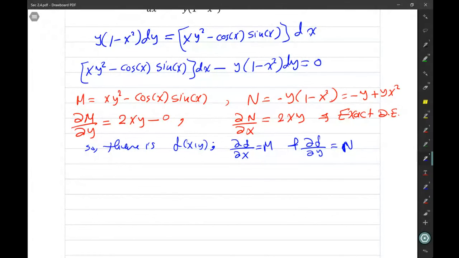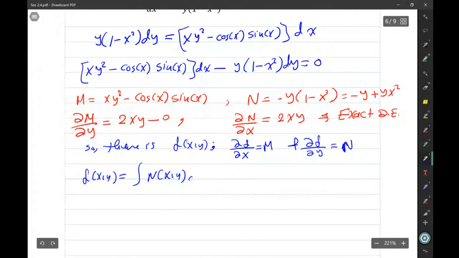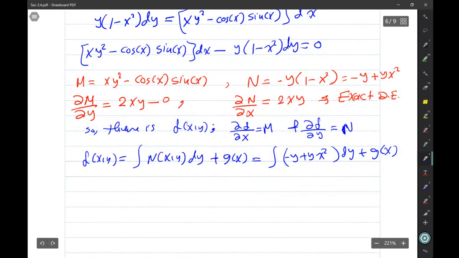I think we can start from N. It is much easier. So I have to assume that f of xy is equal to the integral of n of xy dy plus the function g of x, which is the integral of minus y plus y x square dy plus the function g of x. This equals, what's the integral of minus y with respect to y?